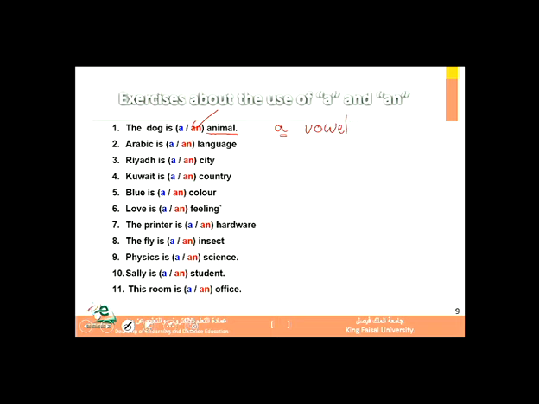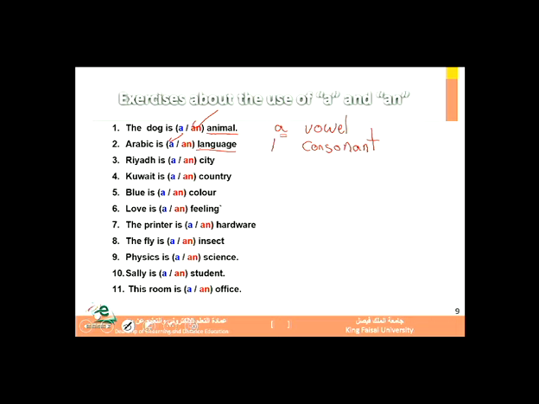What about the second sentence? Arabic is a language or an language. I look at the word language. The first sound is L, and L is a consonant. So I'm going to choose a because the first sound of the word language is L, a consonant rather than a vowel.